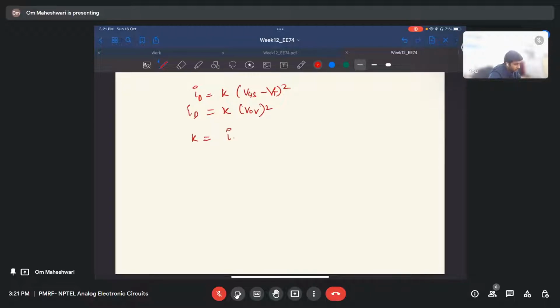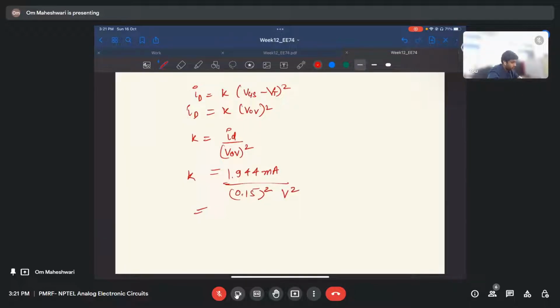K equals ID by VOV square. It is 1.944 milliampere by 0.15 volt square.